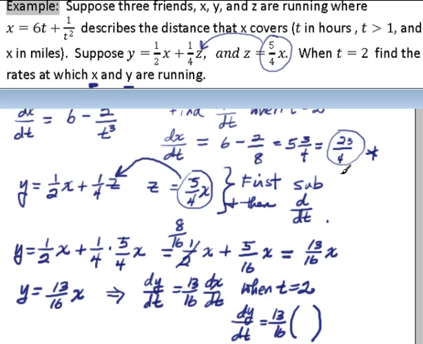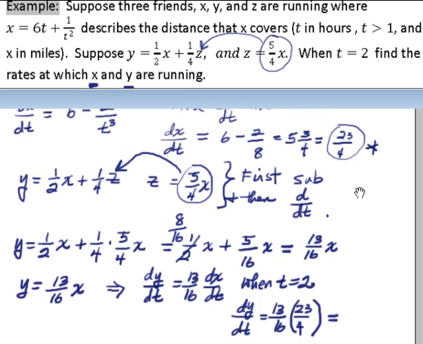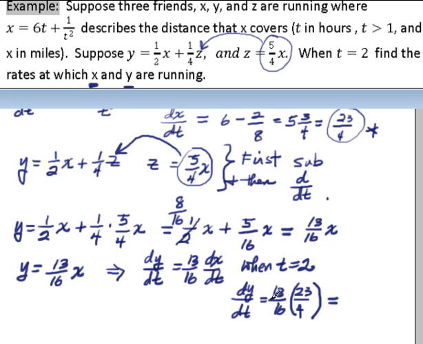This is dx/dt when t equals 2. So we're going to just put that 23 over 4 right here. The numbers don't work out to be that nice, but that doesn't really matter. Just multiply the numerators: 13 times 23 is 299, and 16 times 4 is 64, and that would be a rate in miles per hour.